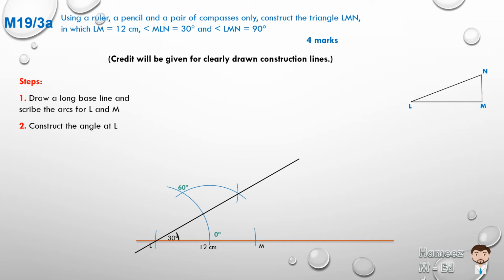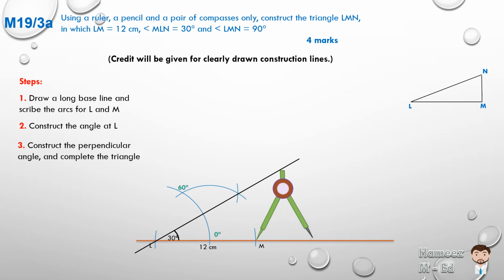And how do we make our last step, to construct a perpendicular angle at M? Well, keep our compass at any length that we want, it doesn't matter, and rest the metal point on M and scribe an arc. We're going to do this on the right-hand side, coming up. We could have done it on the left-hand side as well.